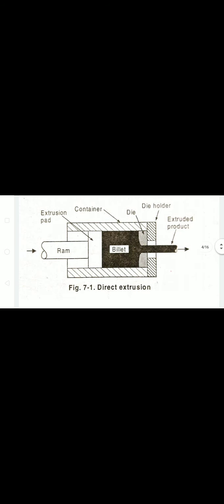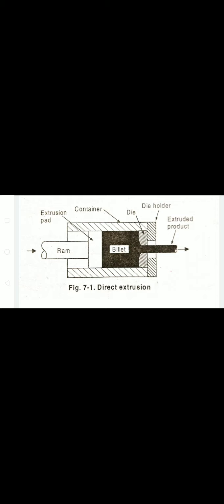When the ram advances, it compresses the metal with high pressure through the narrow opening. After applying pressure by the ram, hydraulically or by some other mechanical means, the metal will be extruded through the narrow opening in the die, and you will get the desired shape.